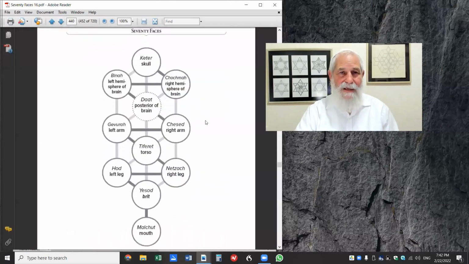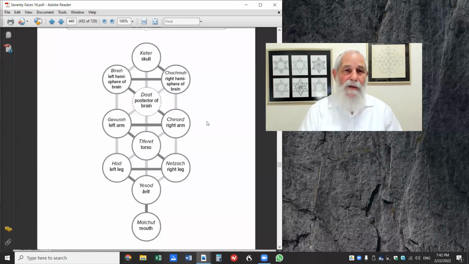Okay, this next one is how the body is arranged according to the model of the Sefirot. And this is an amazing thing, because it really works. Here we see the head. Here are the two arms.